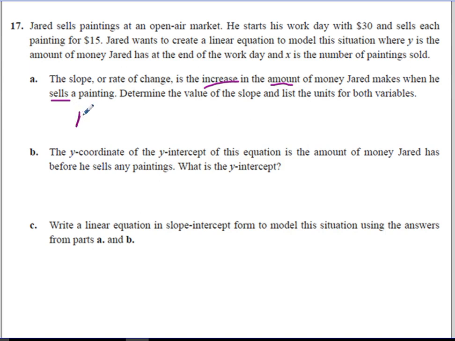And so our slope is a rise of $15 and a run of one painting.